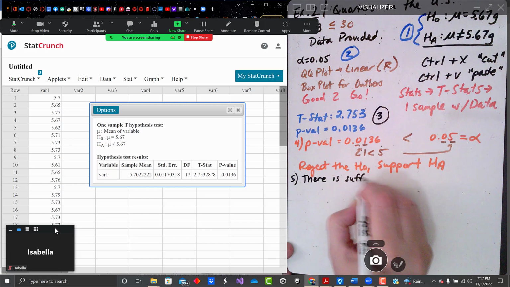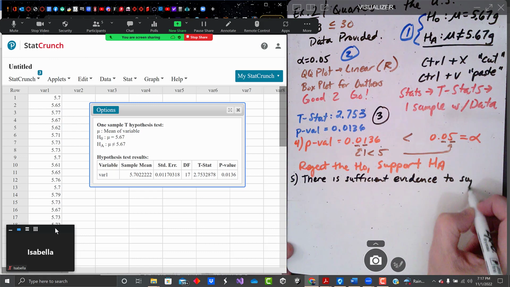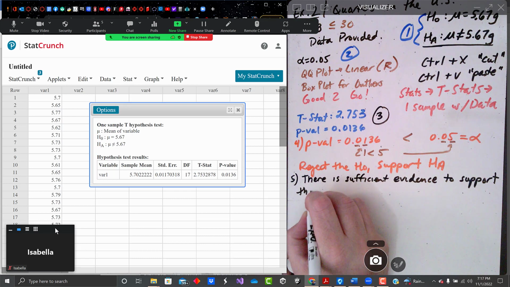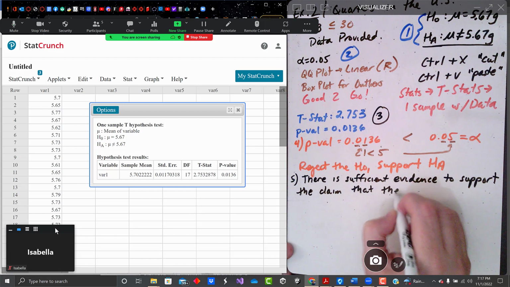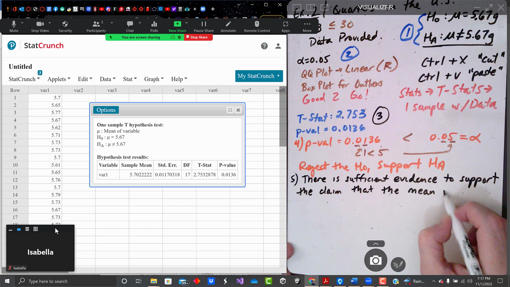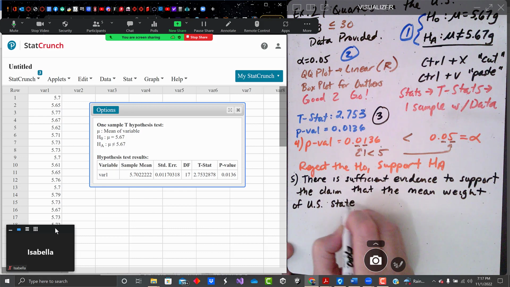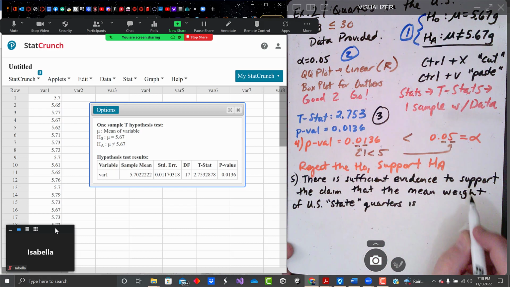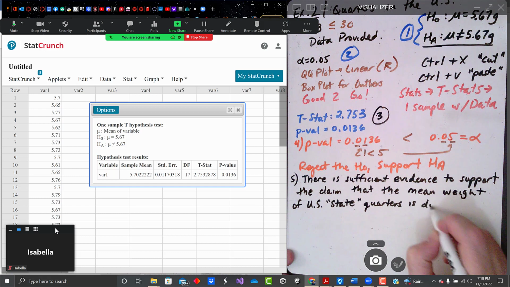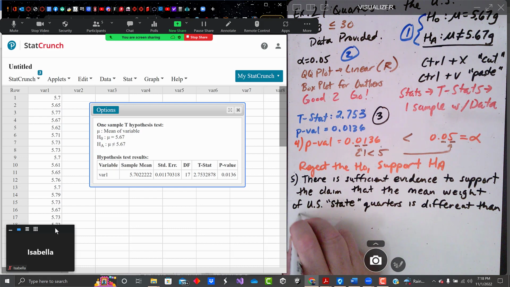There is sufficient evidence to support the claim that the mean weight of US, I'm going to put state quarters because those are the ones they measured, is different than, that was the wording they used, different than 5.67 grams.